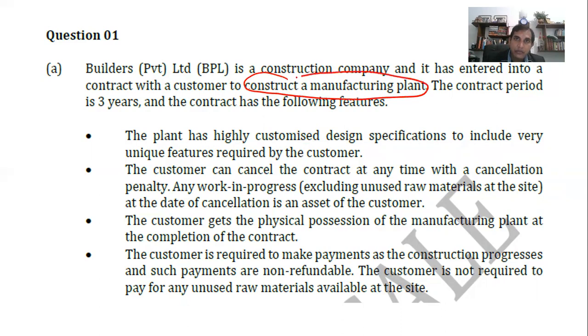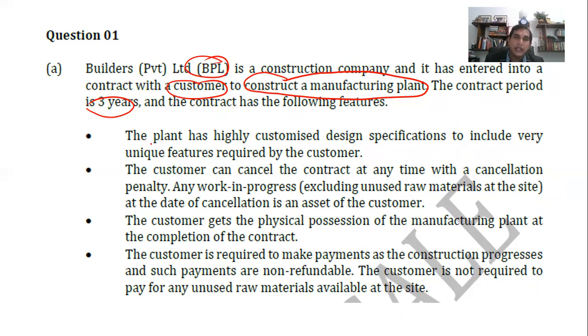Now you need to see whether there is a contract or not. First thing is to identify the contract. You can see there is a contract between BPL and a customer. The contract period is 3 years. That's a long time. And the contract has the following features.